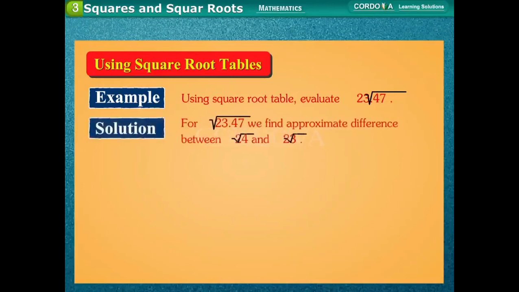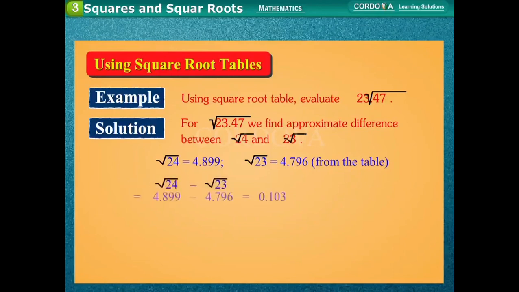Example 3. Using square root table, evaluate square root of 23.47. Solution. For square root of 23.47, we find the approximate difference between square root of 24 and square root of 23. Square root of 24 is equal to 4.899. Square root of 23 is equal to 4.796 from the table. Square root of 24 minus square root of 23 is equal to 4.899 minus 4.796, which is equal to 0.103.